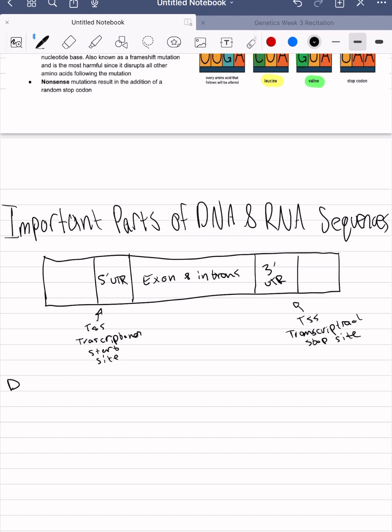So let's say we had DNA. We have transcription factor binding sequences. We have a promoter region.